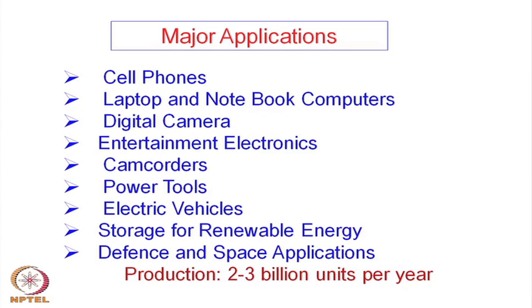So, nanotechnology, particularly nano powders of different shapes and sizes of the same material, maybe lithium cobalt or graphite or other spinels or the olivine structures, the phosphates, iron phosphates and so on.